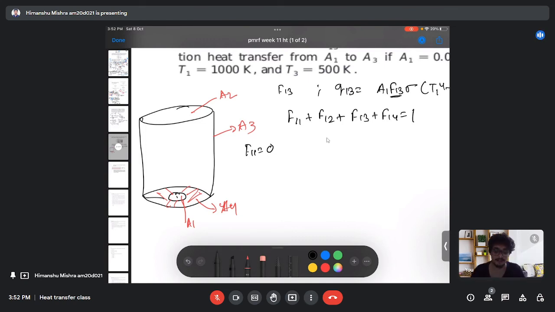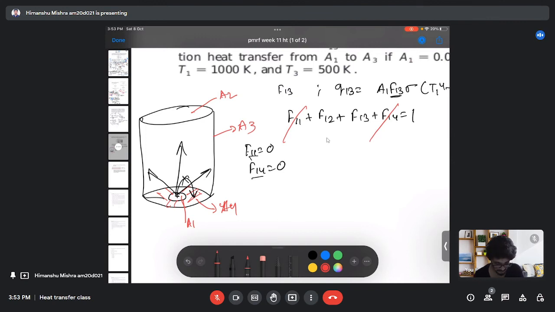So my F11 is 0. In a similar manner, my F14 is also 0, because the radiation can't fall on surface 4. It will travel in a straight line to surface 2 or surface 3. So my F11 and my F14 are 0. That means these two terms can vanish.